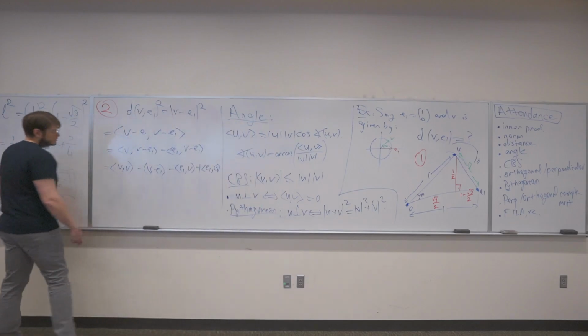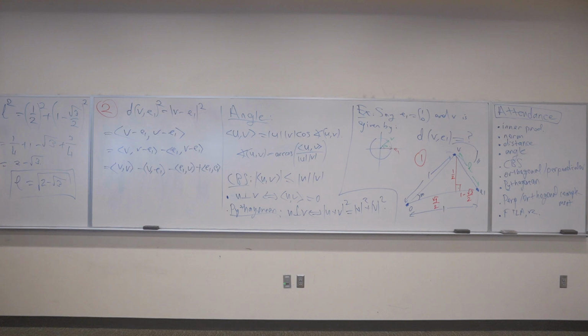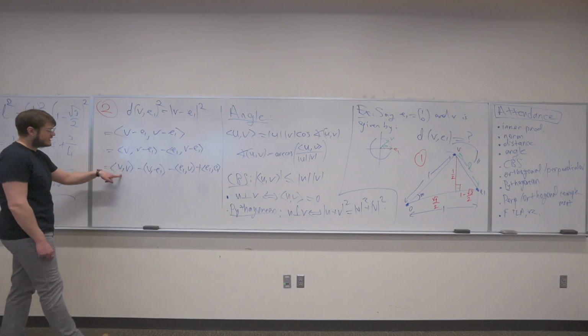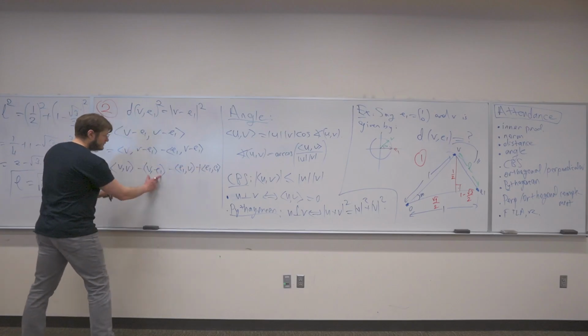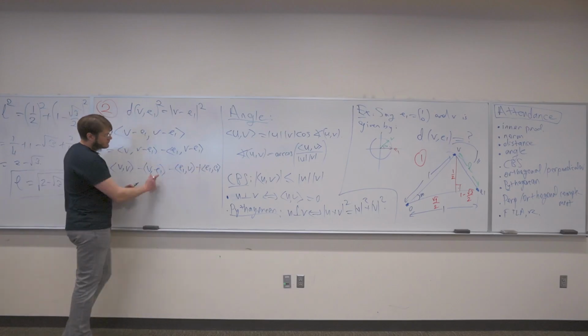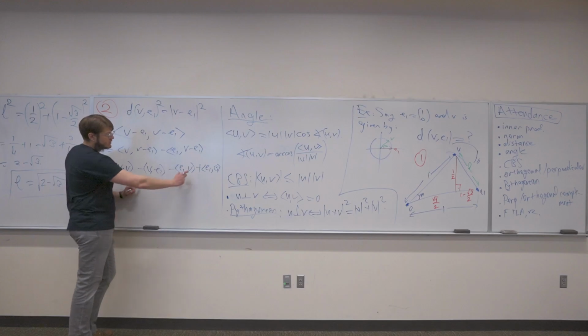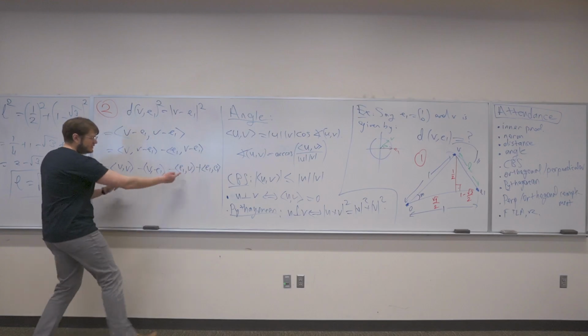But any vector dotted against itself is norm squared. So this is V norm squared, and this is E1 norm squared. And when you're dotting two things, it doesn't matter in which order you dot them. So you can flip this and collect these terms.